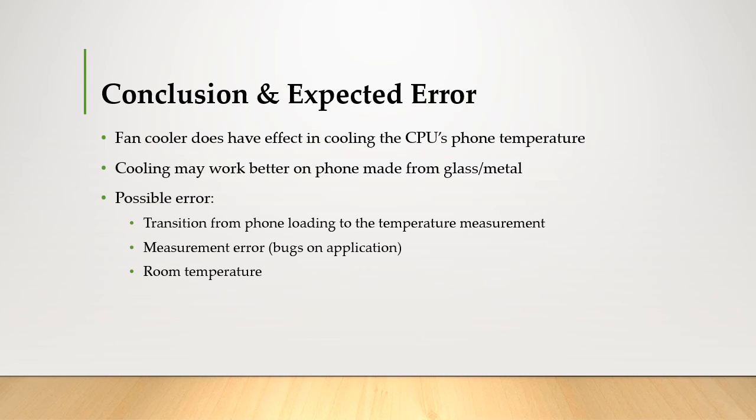This is caused by human error in the repetition of the experiment, in the transition time from the loaded phone to the process of recording the temperature change on the application. And then the second is the measurement error or bugs in the application.